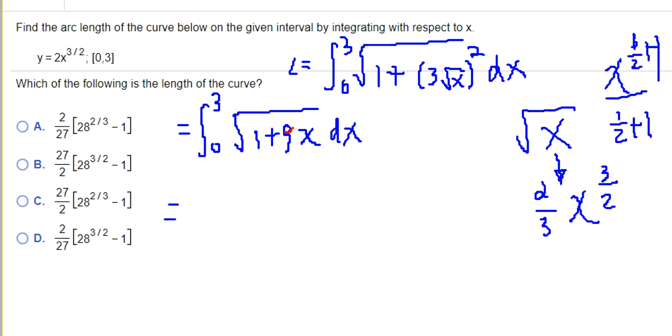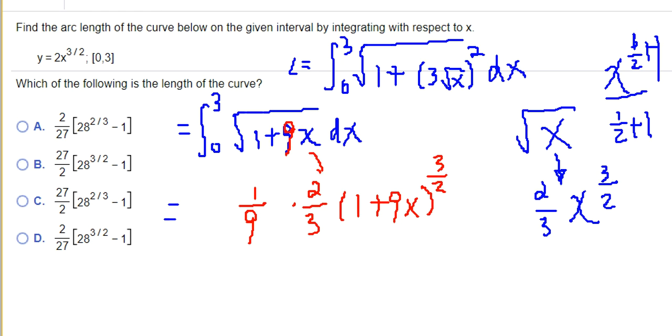I know there's a 9 here. So according to the chain rule, when you find the derivative, I want to have a 1/9 times 2/3. And then here it will be 1 plus 9x raised to the power 1 half plus 1, which is 3 half. So this is the antiderivative of the square root of 1 plus 9x.